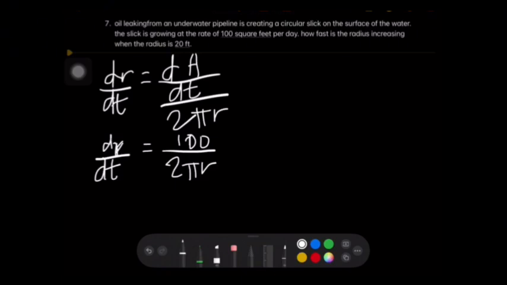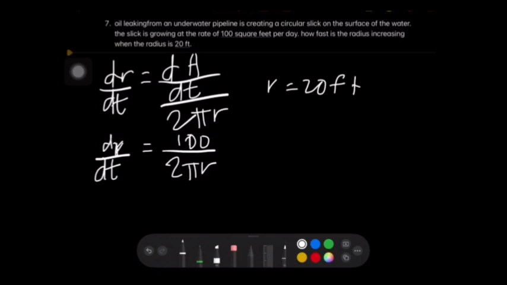After substituting, oh sorry, I forgot the 20 feet, which is the radius given. So substitute r also. r is 20 feet.